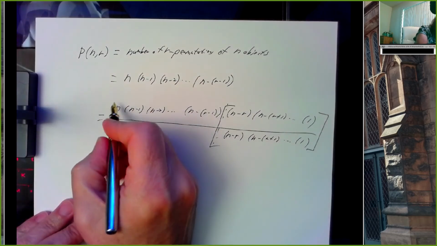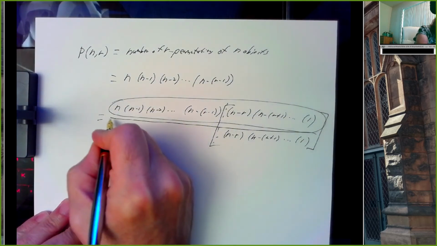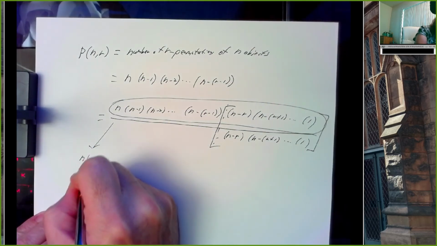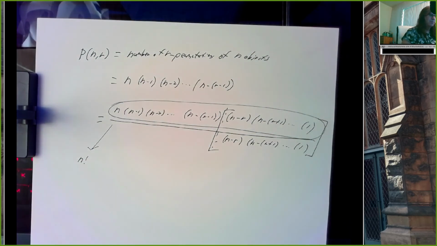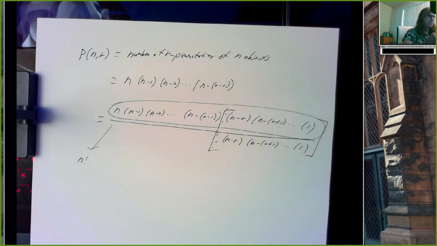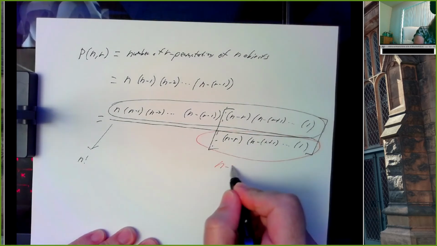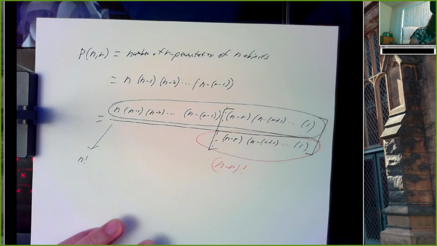When we do this, and this may not jump out at you right now, this is n factorial, the product of all integers from 1 up to n, and this is n minus r factorial.